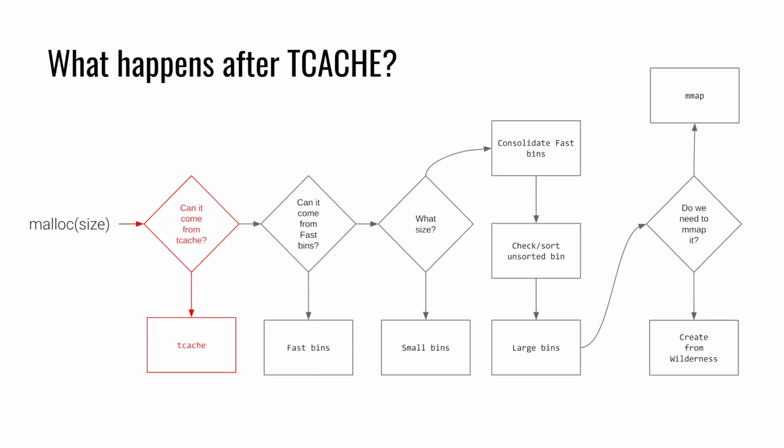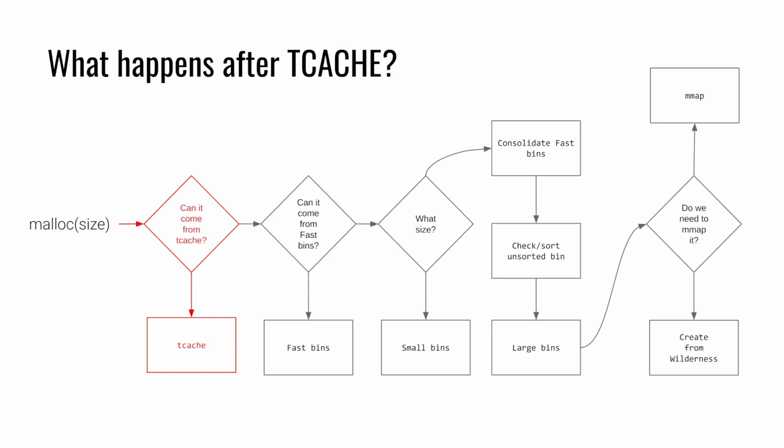But what if there haven't been any large chunks and we can't find something large enough for this request in the large bins? Well, if it's exceptionally large, then the allocator will call mmap, right? And set that M bit. But this is for exceptionally large requests. If it's just large and we haven't made large chunks yet, right?